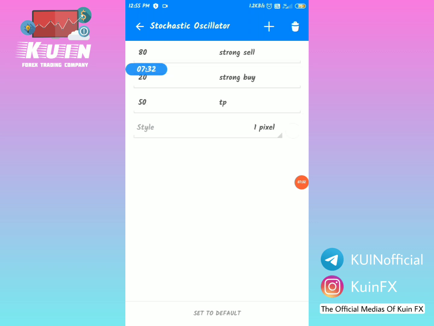First one is 80, second one is 20, and third one is 50. 80 is strong sell, 20 is strong buy, 50 is TP. And style 1 pixel, color it's opposite of your background color. If your background is black, its color should be white. If your background is white, its color should be black. Then done.